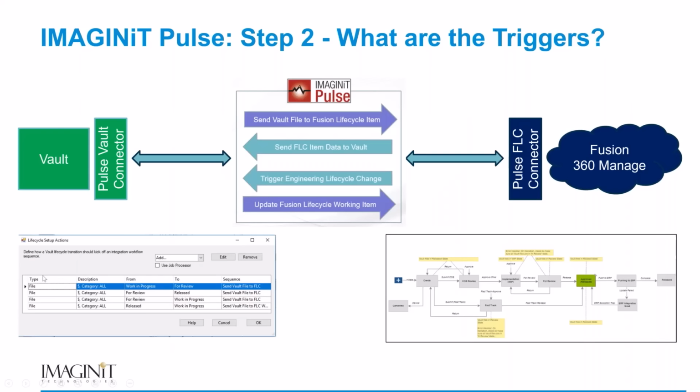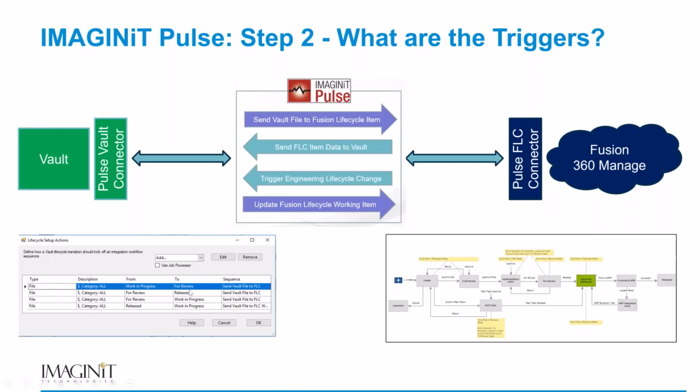Now, these are workflows that could be triggered in different ways. They can always be triggered by hand if that's useful or necessary. But we also do a lot of work to trigger them automatically based on particular ways that each endpoint works. So on the Pulse side of things, we've got a lot of triggers that are available on lifecycle actions. So when a file or an item moves from a particular workflow state to another workflow state, that should trigger the data to move into Pulse, and then from Pulse onwards to wherever it needs to go to.